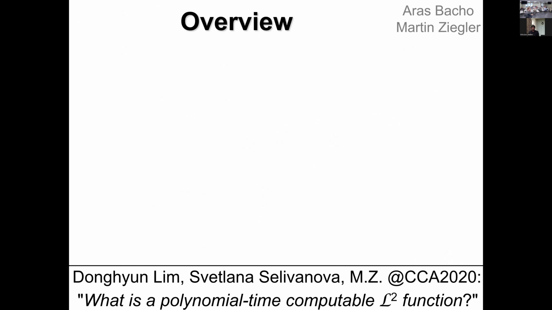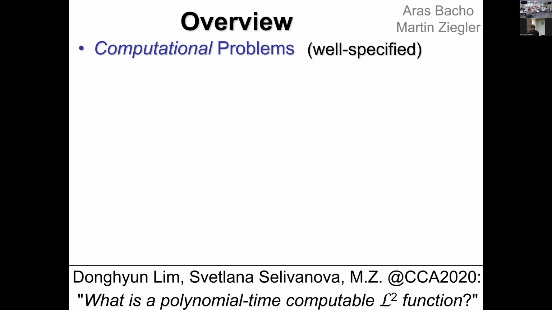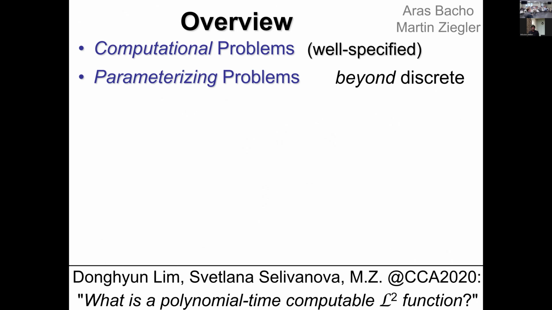So today, two thirds of my talk will be on background, and the last third will be about the actual contribution. I'm going to recall computational problems and the importance of parameterizing problems in order to even define the computational complexity of such a problem beyond the discrete case, talking about the continuous setting.